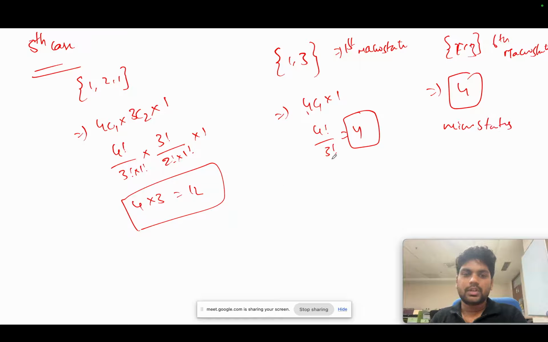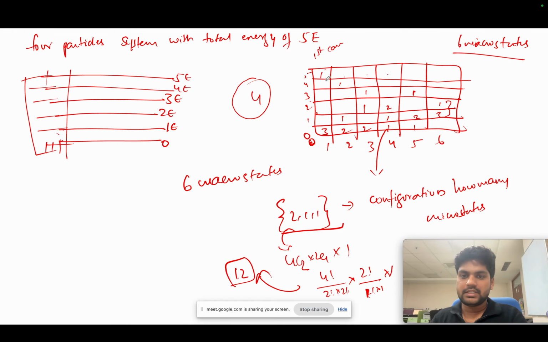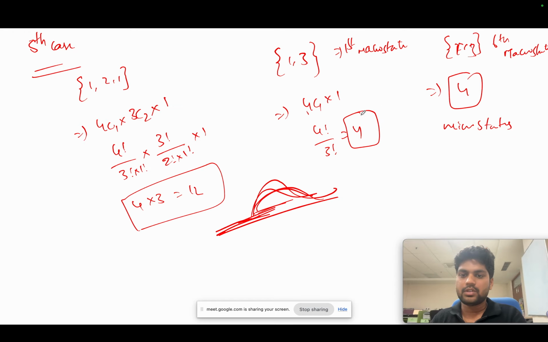You can understand this like when doing mathematical or statistical problems, you see how the error bar is averaged over the curve, over the graph. If the 1, 3 case is there, the number of microstates you get is only 4, which means you can distribute in only 4 ways.